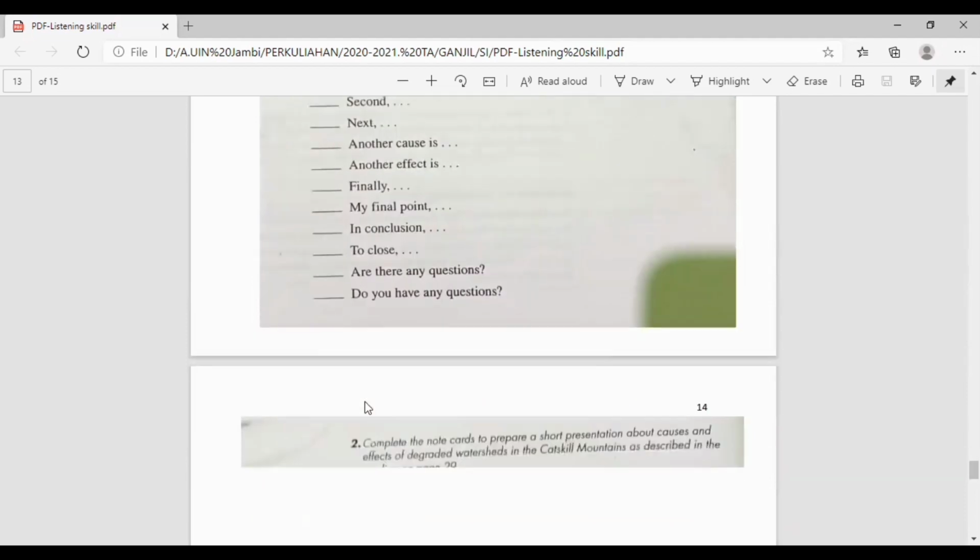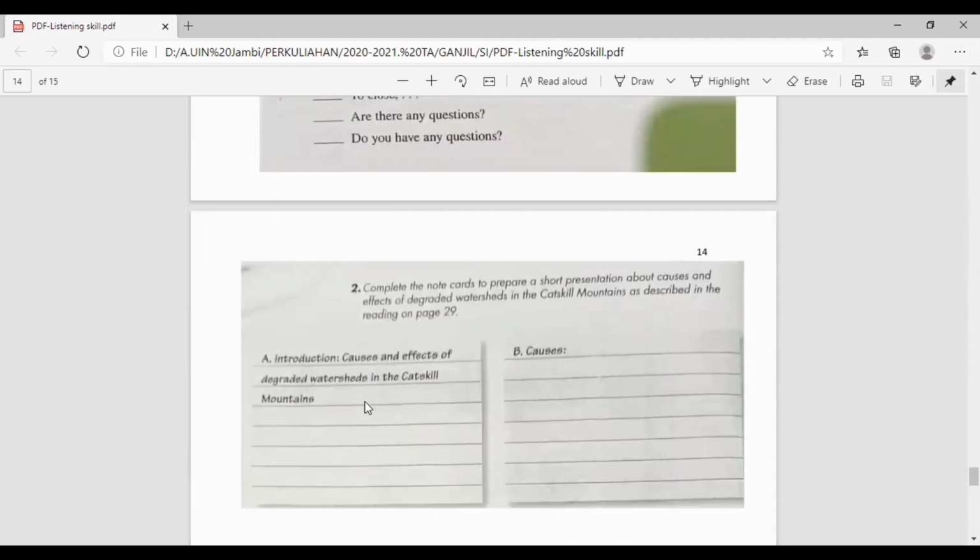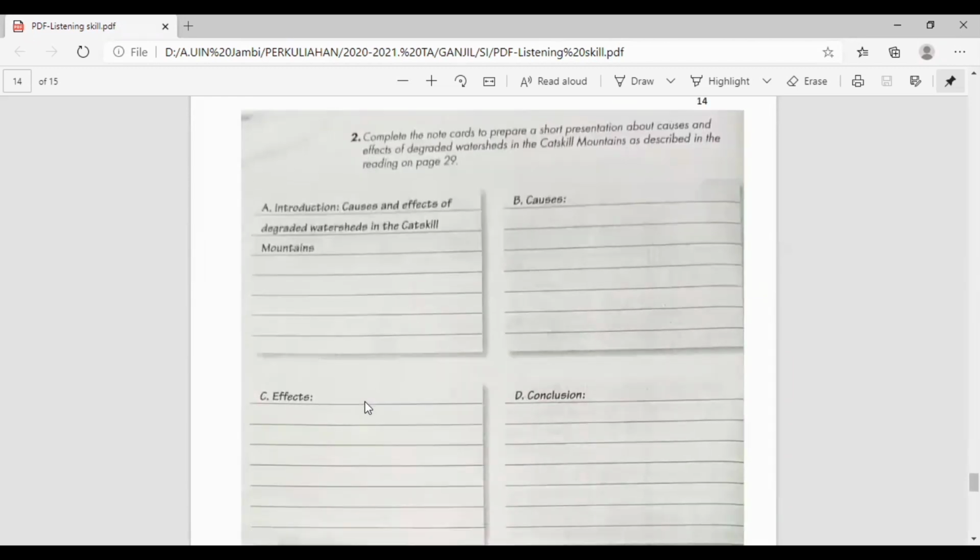And next, guys, let's complete the notes to prepare a short presentation about causes and effects of a degraded watershed in the Catskill Mountains as described in the recording on page 29.